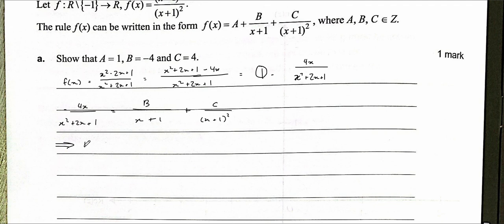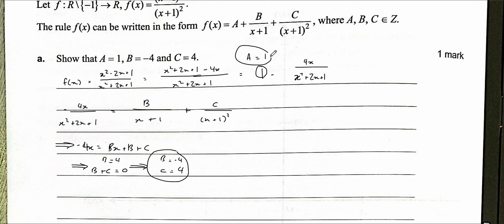So this implies that negative 4x is equal to bx plus b plus c, which means that b is equal to negative 4 and b plus c is equal to 0, which means that obviously b is equal to negative 4 and c is equal to 4. And there we have it. Boom. And boom.